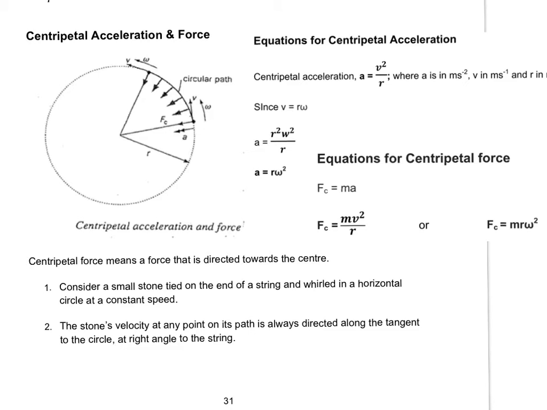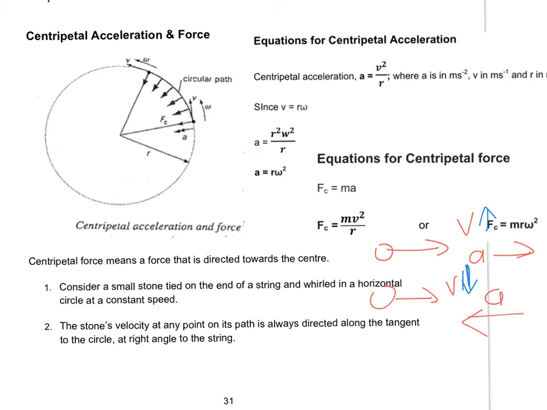So we say that if the velocity is, let's say, to the right, and your acceleration is also to the right, it will result in the speed increasing. But if the object is moving to the right and the acceleration is to the left, then your speed will decrease.